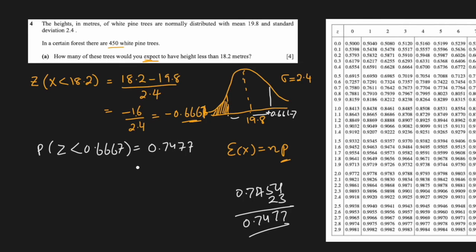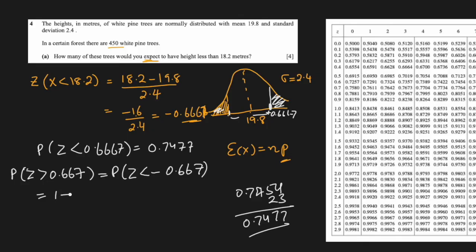0.7477 is the probability of z being less than positive 0.667. But our target was to find this, so that we can reflect it and make it equal to this one. So the probability of Z being greater than 0.667, 3 digits, right? We got 3 digits only, so it will be the same as the probability of Z being less than minus 0.667. They are exactly the same thing.